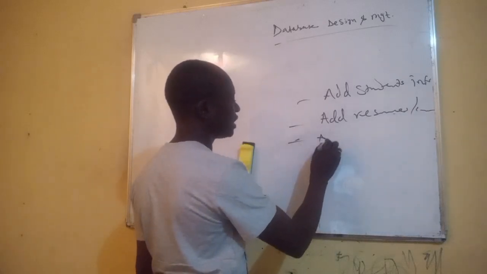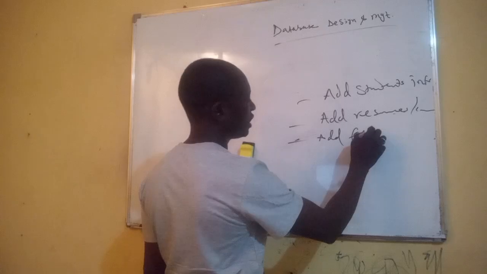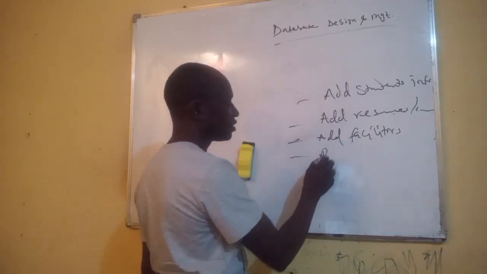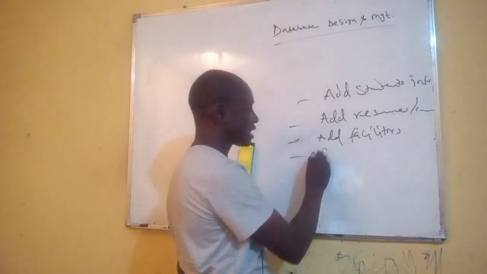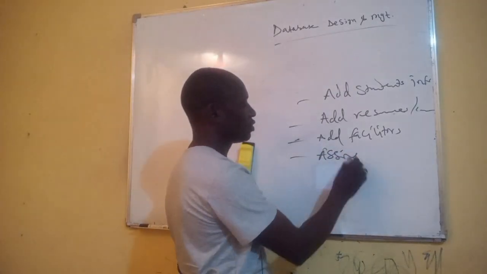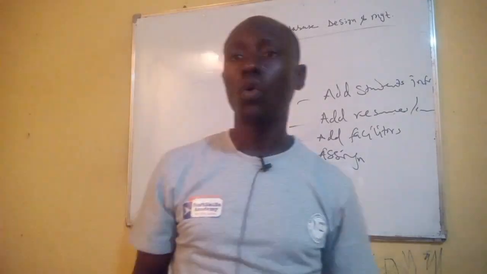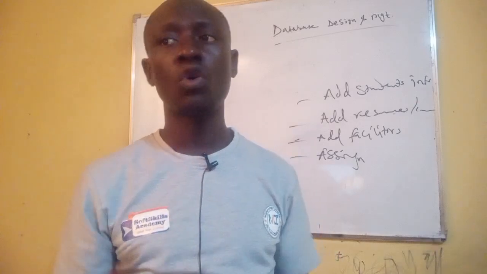We have add facilitators or lecturers, then register courses, or assign courses, assign roles, assign subjects. All these, in the early days, the database applications were built directly on top of a file.